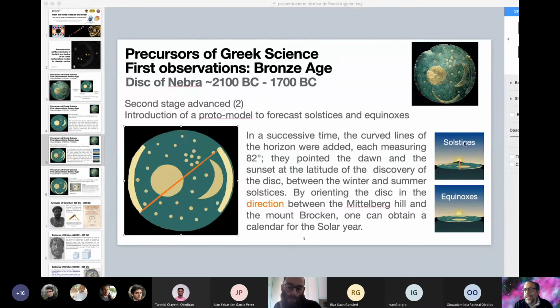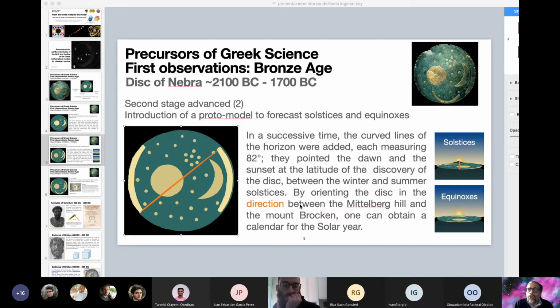By the way, solstice is the day when the day is lasting the longest period of the year, or the lowest period, because you observe that the length of the day is a periodic function. There is one day in which the light is lasting the maximum, another day when it is lasting the minimum, and you call it solstice, while equinoxes are when the day is exactly equal to the night.